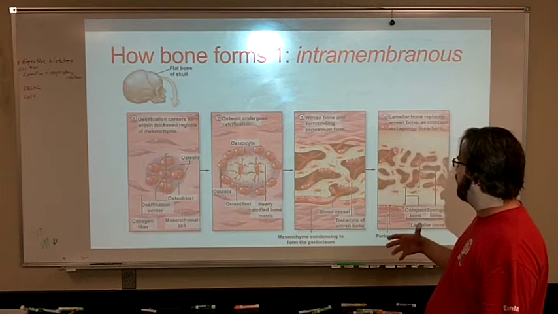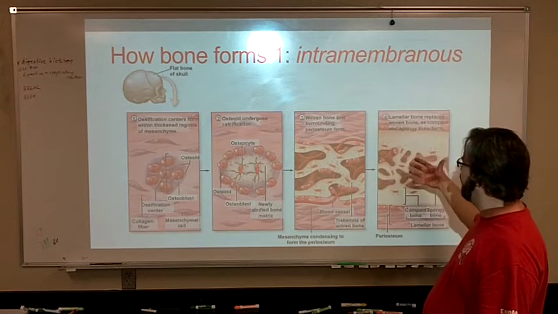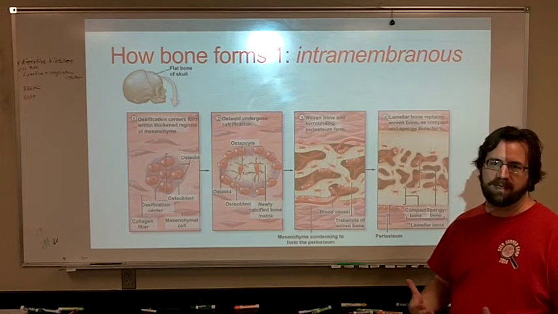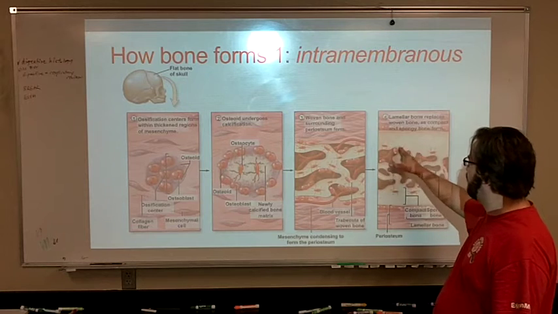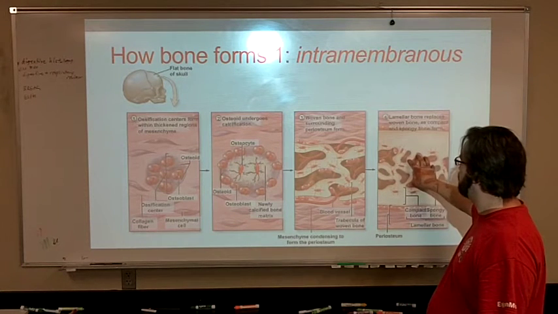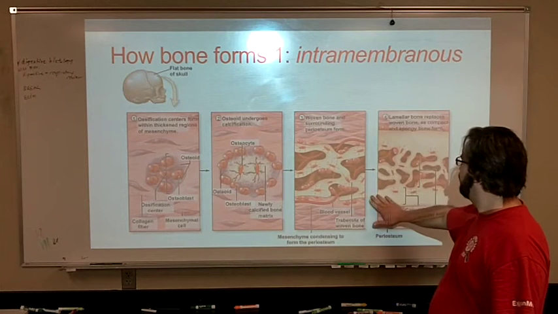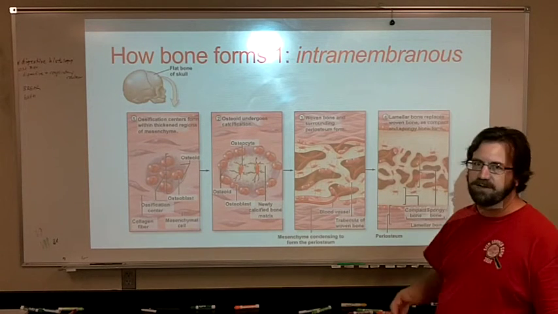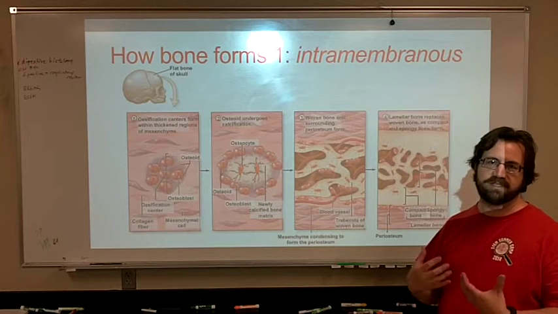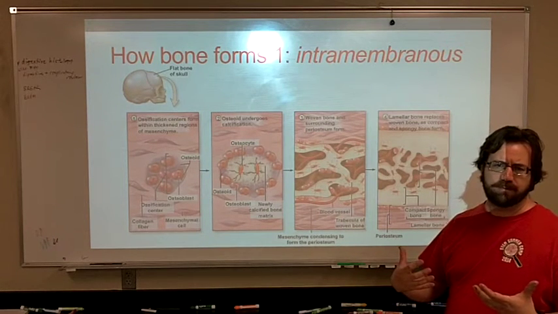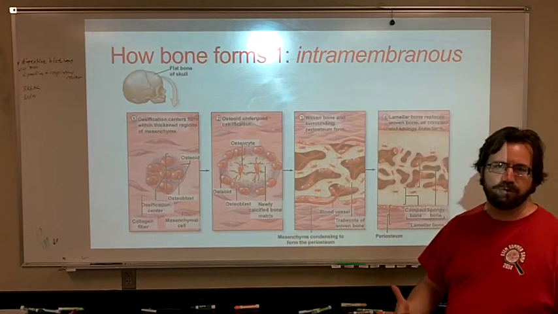And then over time, that woven bone gets reshaped into lamellae. The parallel lamellae of the trabecular or spongy bone and the concentric lamellae of the compact bone on the outside, but in either case it's referred to as lamellar bone, which is mature child and adult bone tissue.